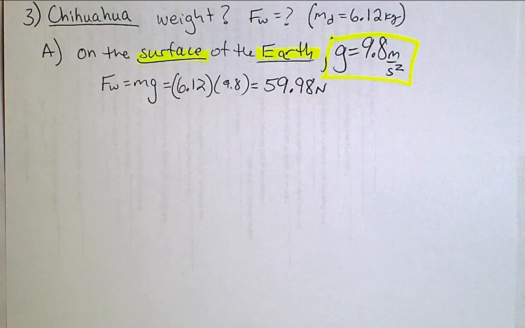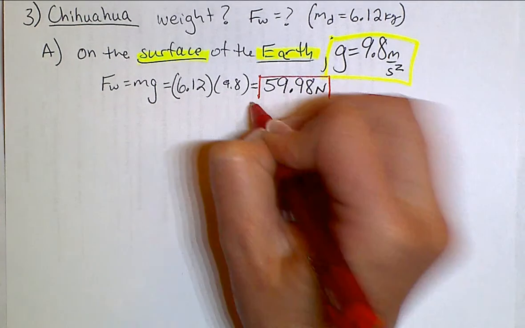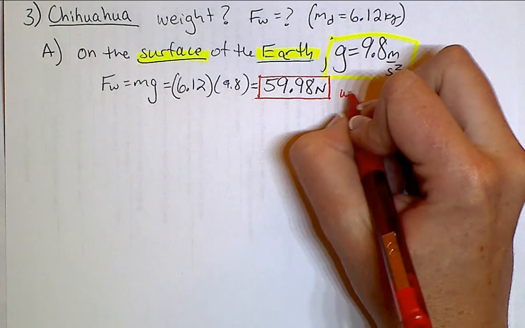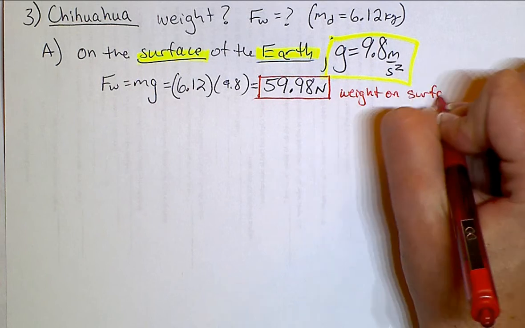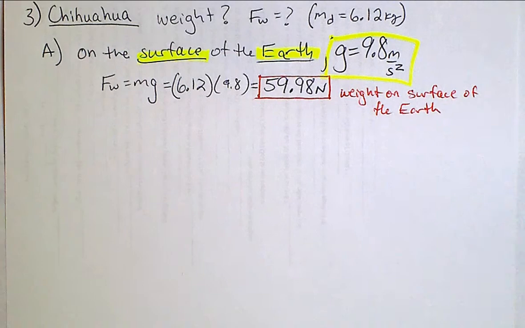And you would get the same answer if you did do the long equation. It's just since it's specifically on the surface of the Earth, I get to use 9.8 as my G. So this is the weight on the surface of the Earth.